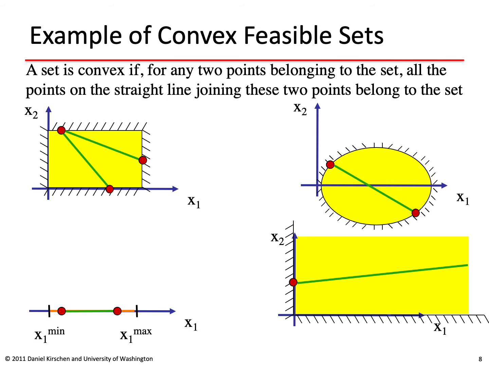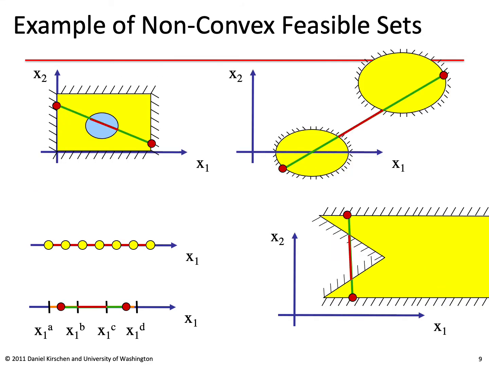The same thing applies in the examples on the right-hand side of the slide, and on the bottom left, where we're dealing with a one-dimensional example, and I have taken 2 points that are part of the set and joined them by a straight line, and again, all the points are part of the feasible set, or in this case, the feasible segment.